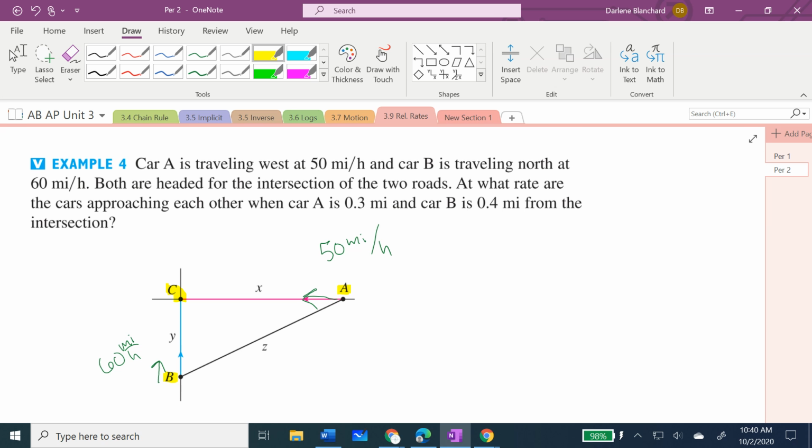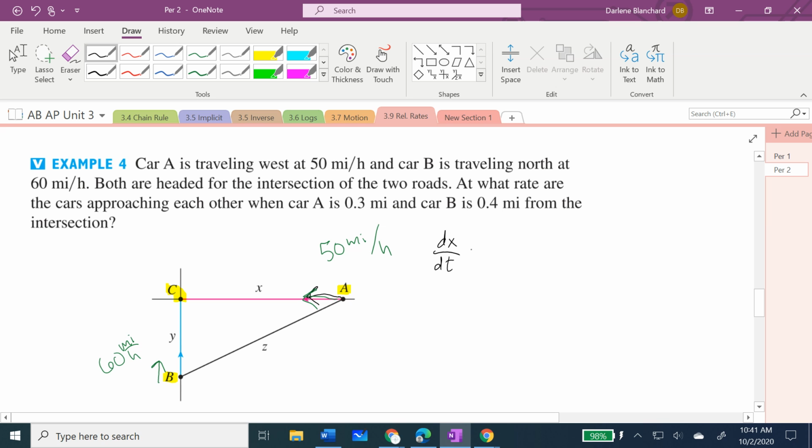Now, realize they just gave you two rates of change. And I want to talk a bit about the difference between positive and negative with rates of change with this problem. So they're saying that X is the distance between car A and the intersection at C. If X represents a distance and you look at this motion, is dx/dt positive or negative?